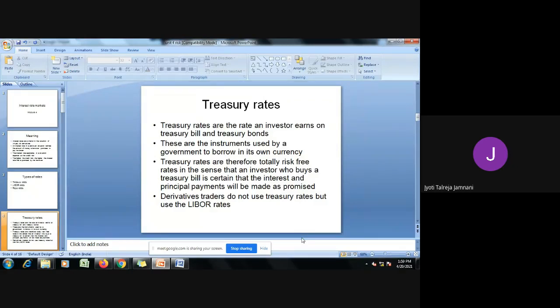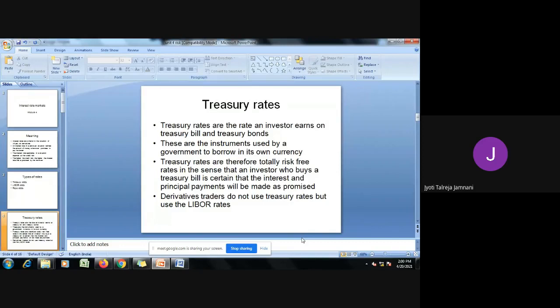These are the instruments used by a government to borrow in its own currency. So in India, the Indian government can issue treasury bonds, the general public can buy them, and they pay money to the government. So the government uses these bills and bonds to borrow money from the public.